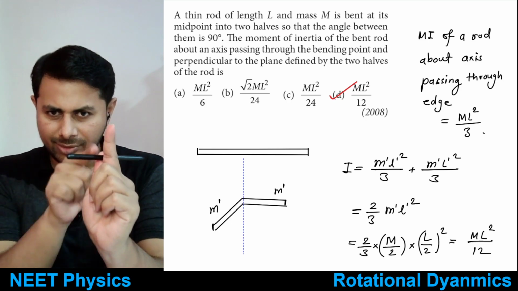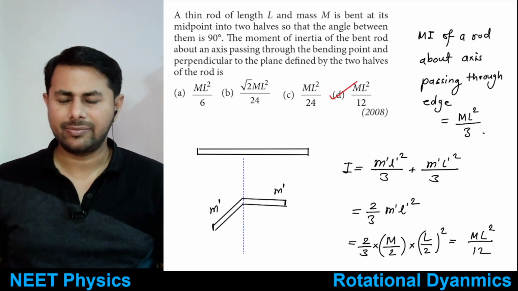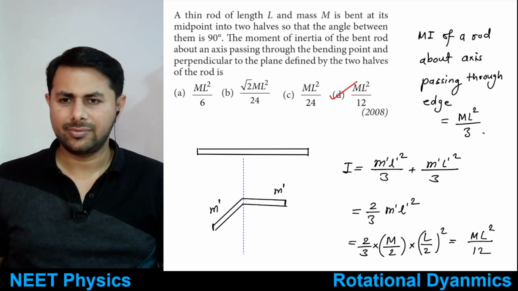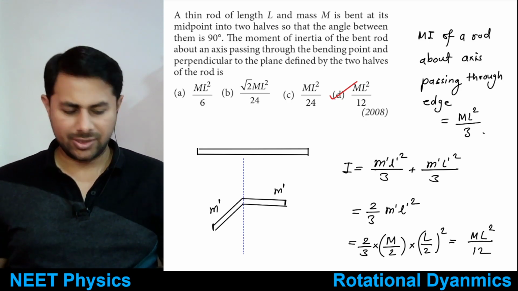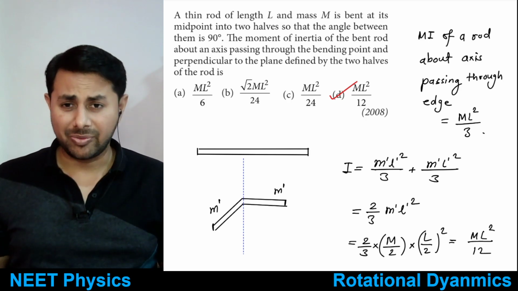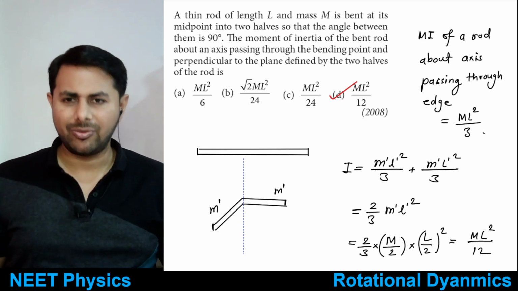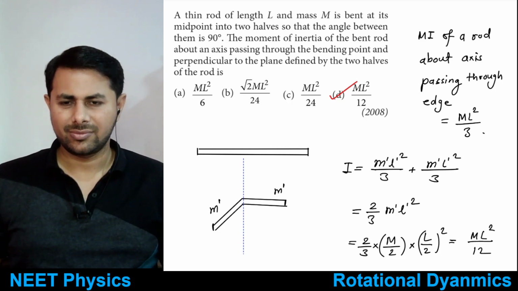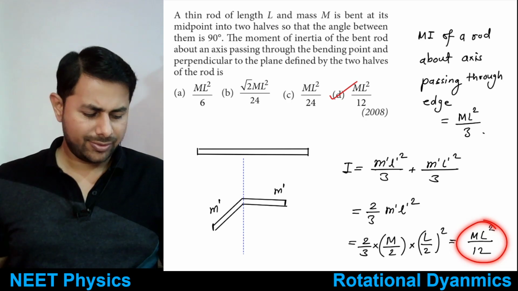Still the distance of these masses from this axis will remain the same. Yes, no? So there is no change in the moment of inertia. Moment of inertia will remain the same. So earlier if it was ML square by 12, now also it will remain ML square divided by 12. Okay, yes, no?